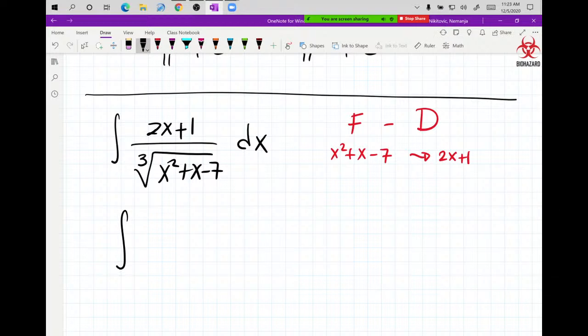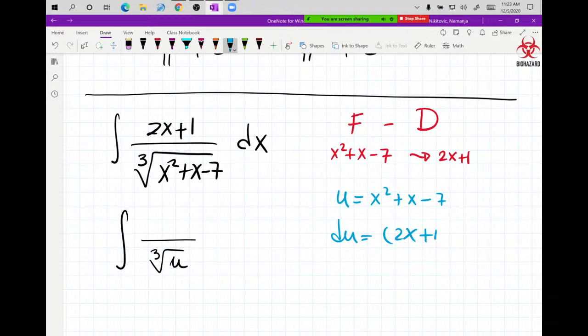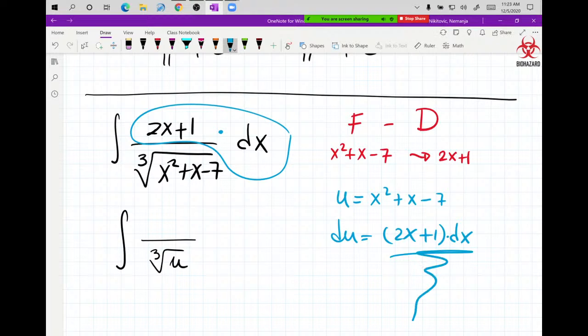Integral of cube root of u, because we said that u will be x squared plus x minus 7, and the du will be 2x plus 1 dx. Look how beautiful that works. You see that in this peanut over here, you have 2x plus 1 times dx, which is exactly what you have over here.